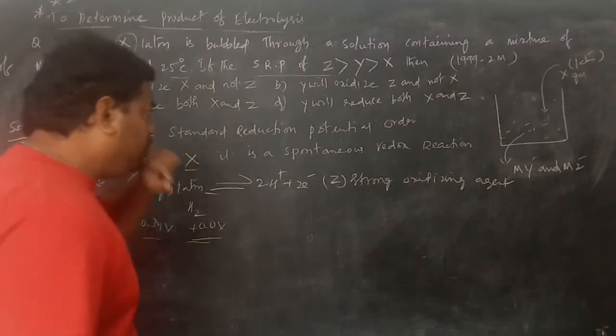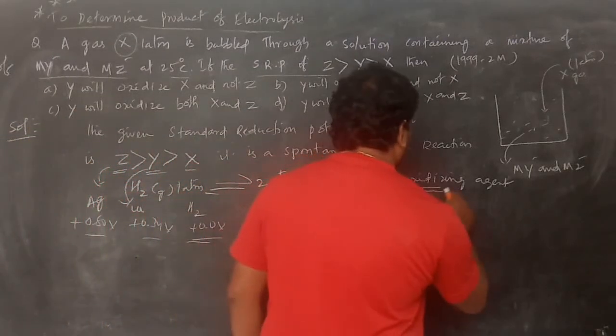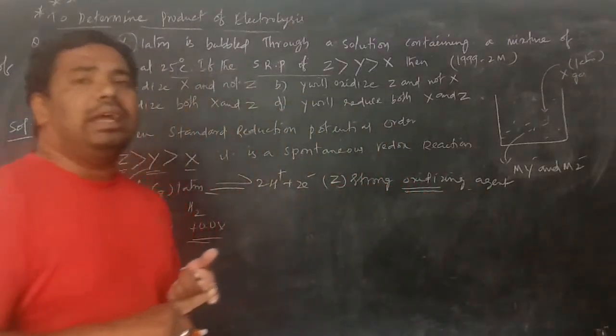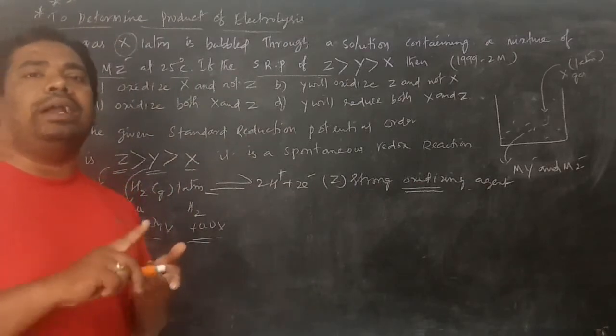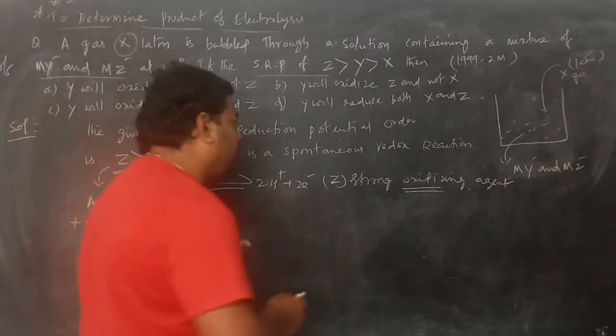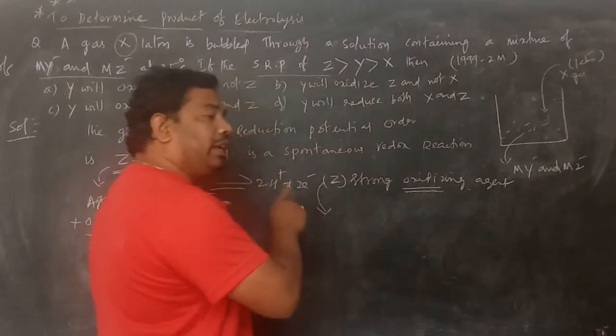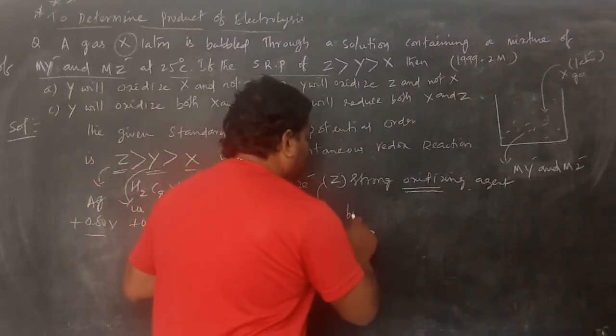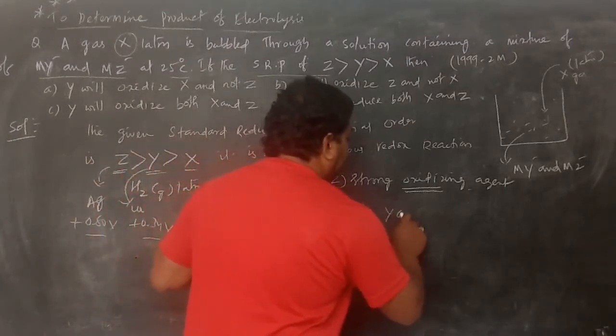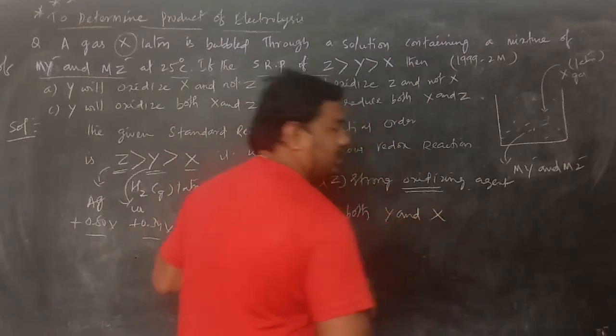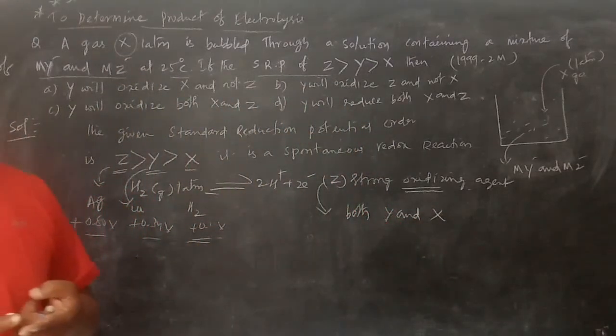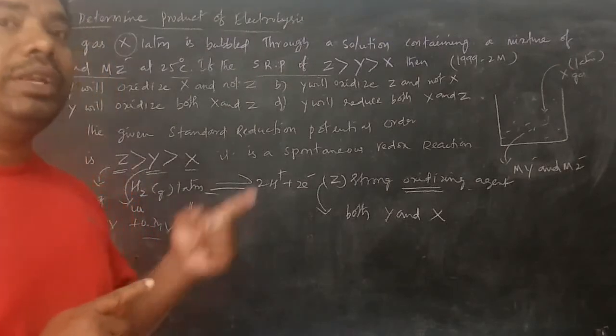So X is a weak oxidizing agent. Z has more reduction potential value and it is a strong oxidizing agent, so Z can oxidize both Y and X. Z cannot undergo oxidation, so it undergoes reduction.